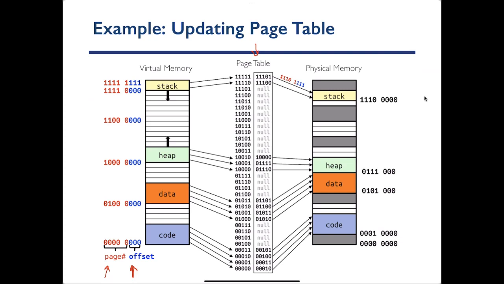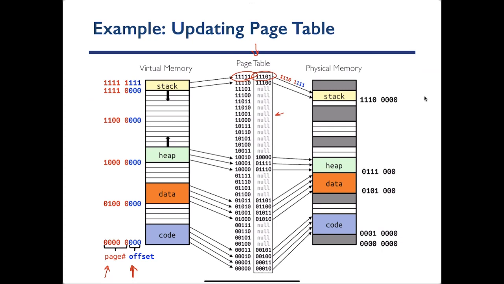For each virtual page, you have a translation if that page is allocated, and if the page is not allocated, then you have these empty elements in your page table. So page table entries don't have any pointer to any particular physical page for the pages that are not translated or not allocated yet.